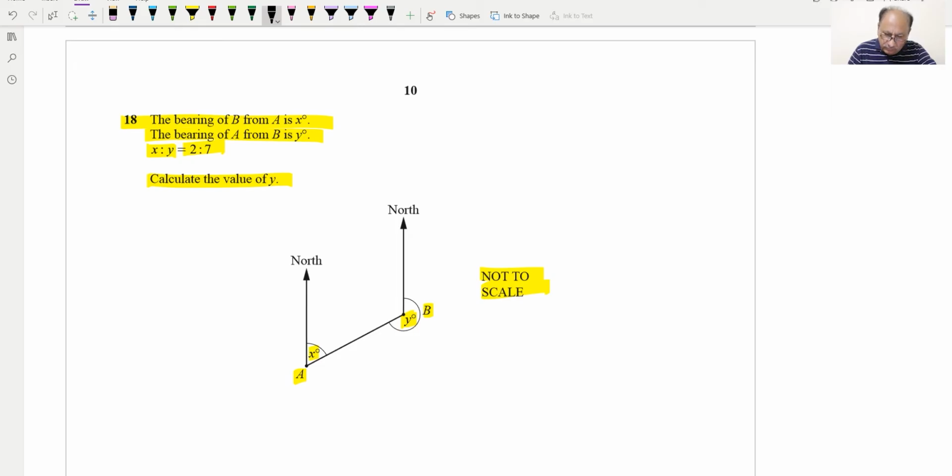So what we can do, we know that y is 180 plus something. If I change color and show you this one, if we extend this line, this angle will be equal to this angle, which means this angle is also x. So y will be equal to 180 degrees plus x.